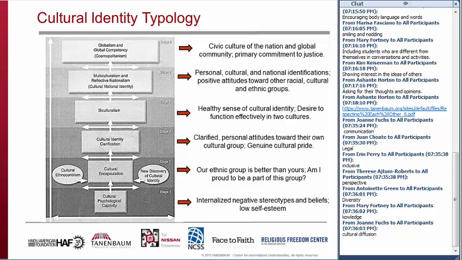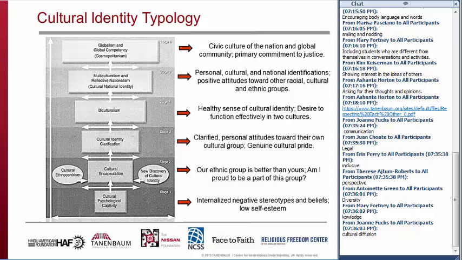So there is an active understanding and actions taken on behalf of people and groups from around the globe. And for the person who is operating in this stage, there is a primary commitment to social justice wherever someone finds themselves, and that everyone should be able to participate in those same activities.